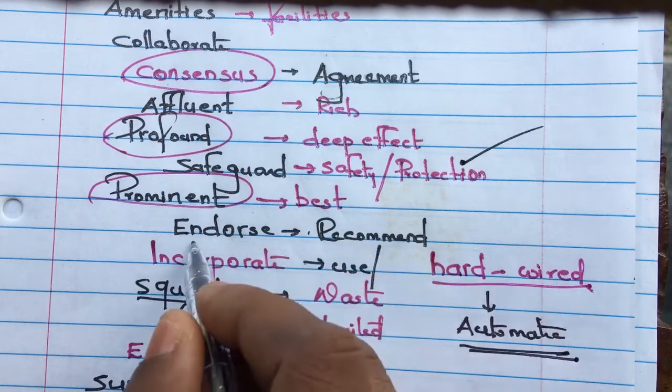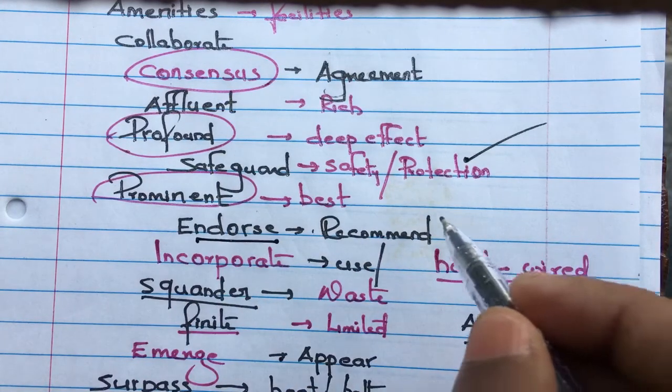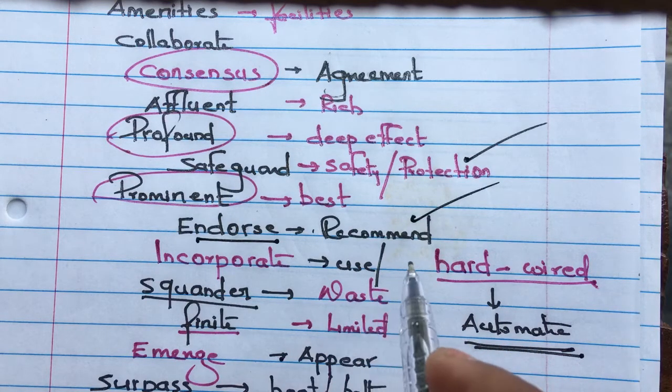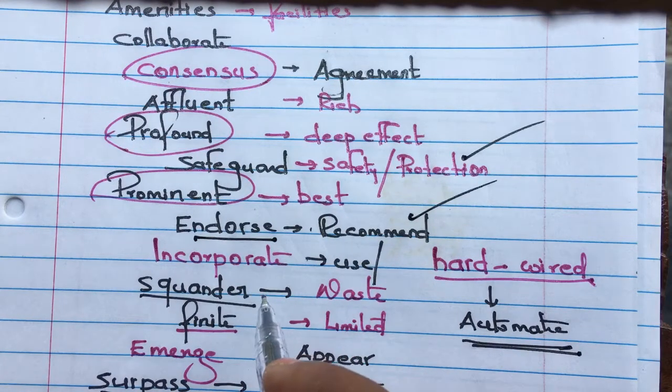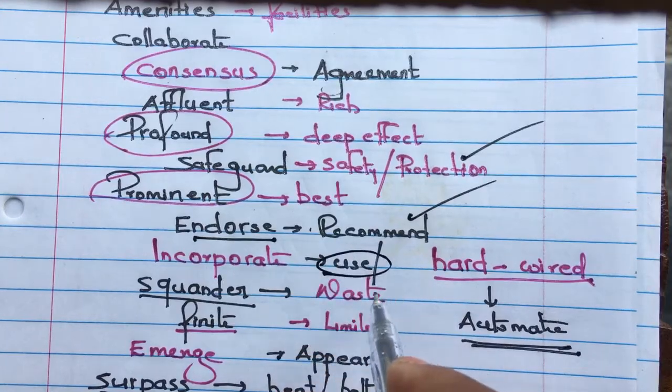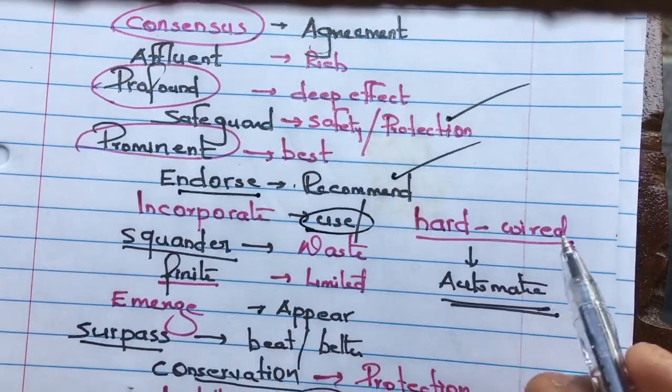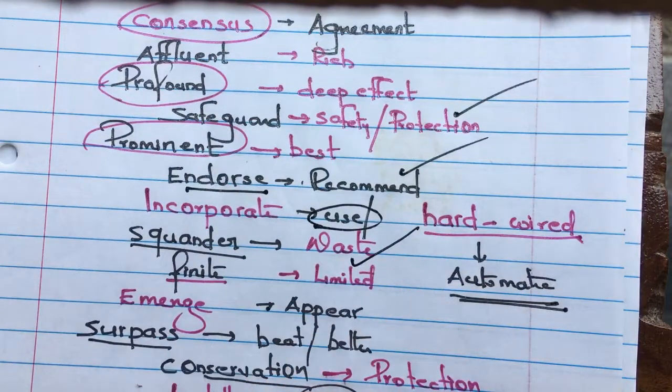Endorse, what does it mean? It's about recommending. Instead of recommending, try to replace it with endorse. Next is incorporate, which means many things you can incorporate into something. Then squander: instead of waste, you could use squander.